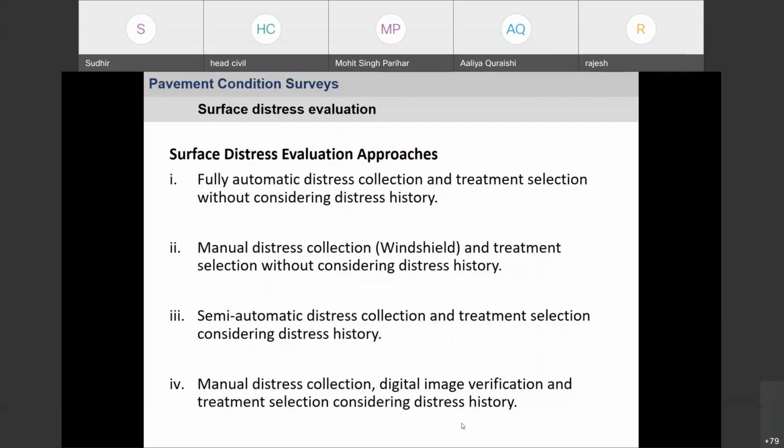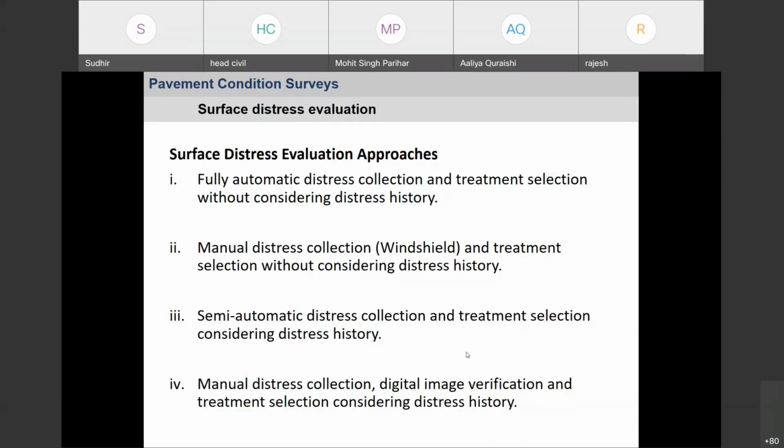So looking at the literature and the practices followed around the world, I have put it into 4 categories. The first category is the approach which is fully automatic distress collection and treatment selection.